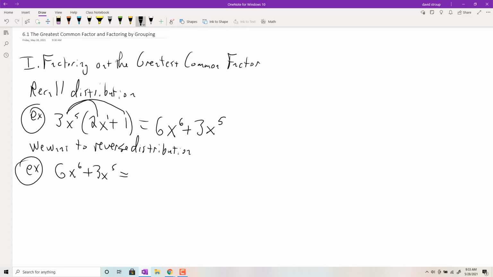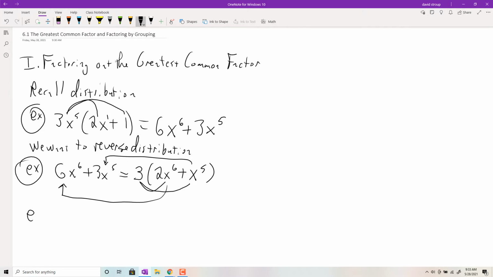You could factor out the 3, or reverse distribute the 3, and you would have 2x to the 6th plus x to the 5th. And if you redistributed 3 times 2x to the 6th, you would get back 6x to the 6th. 3 times x to the 5th would give you back 3x to the 5th.